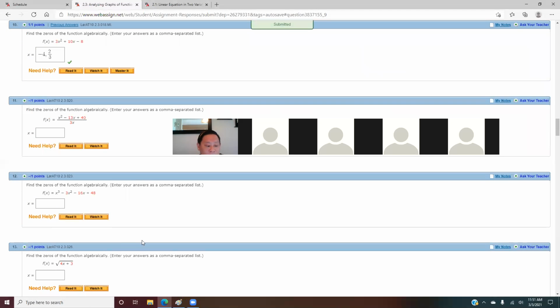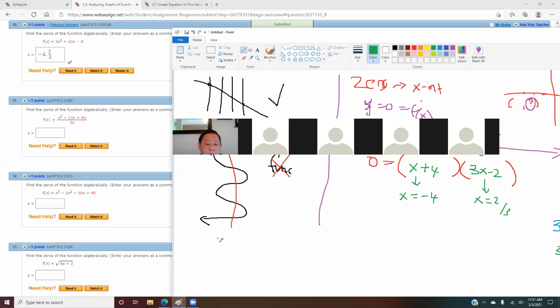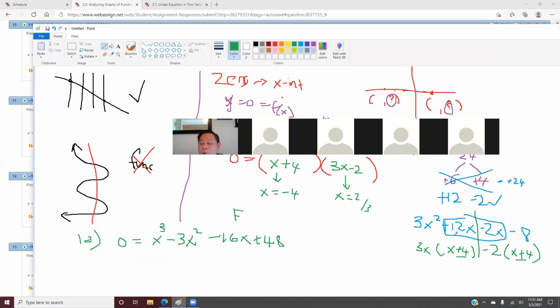Okay. What about the next question? Let's do 12 first. Again, in order for you to find x, you put a 0 in here. How many terms do you see here? There are 4 terms, right? So in order for us to do 4 terms, you have to factor this again. And how do we factor this? Same thing as what you did over here. So I want you guys to go ahead and factor question 12.